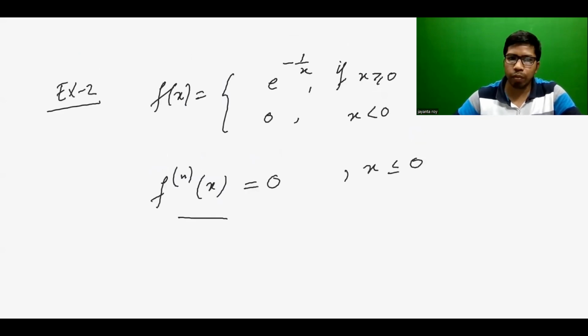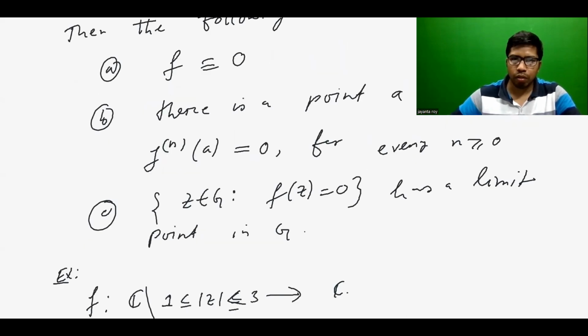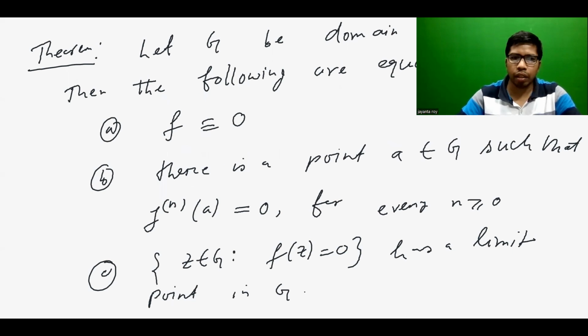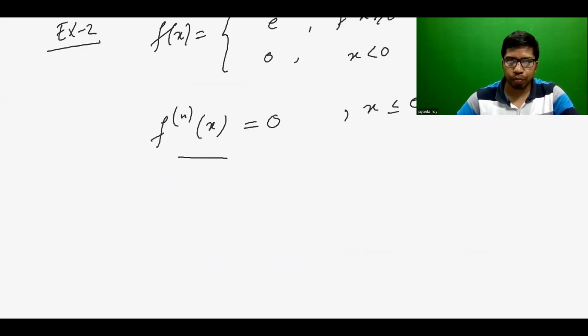But by this theorem, if f is identically 0, then this holds. And conversely, if there is some a for which the nth derivative is 0 for all n, then f is identically 0. But this does not hold in the case of a real variable.